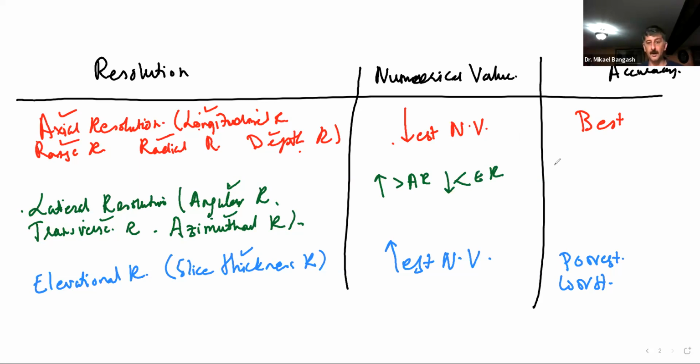Which mainly means that it is going to be a poorer resolution than the axial resolution, but it is going to be better than the elevation resolution.